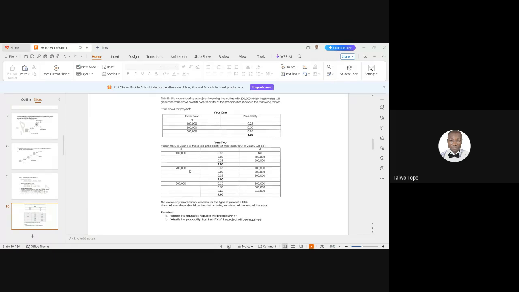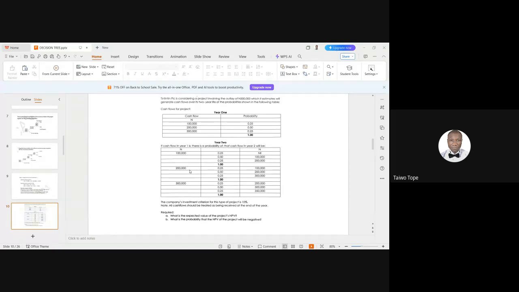Somebody should help me. Cost of investment. Fine. It means it's an outflow. It will be in brackets when you are trying to solve things like NPV and the rest. It's cost going out with the hope that it will bring in money, inflow.